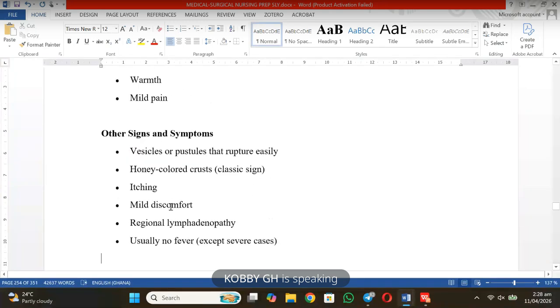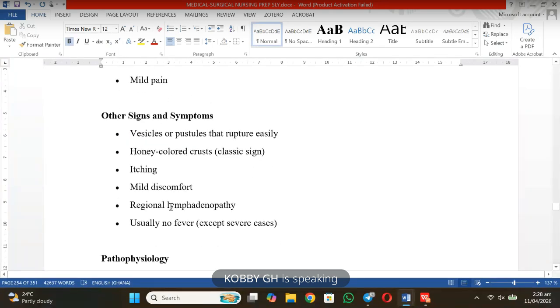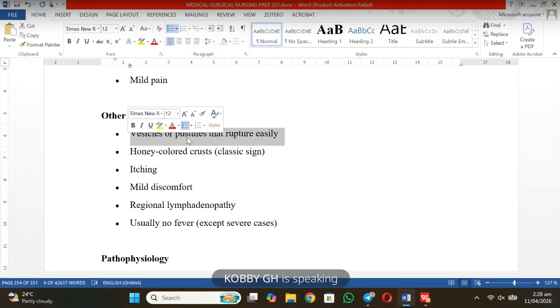The patient may experience the vesicles or pustules at the initial stage. At the initial stage, it will appear like a small vesicle, more like a pimple, but with this one, you won't see the yellowish central portion like how the furuncle will be.